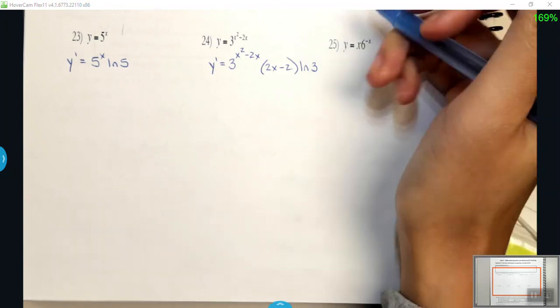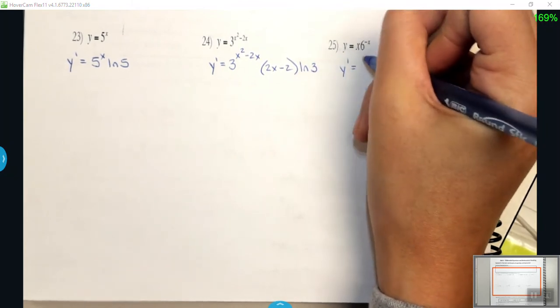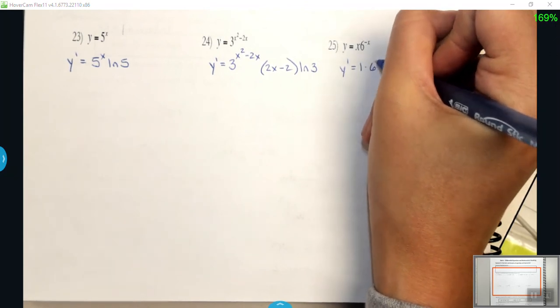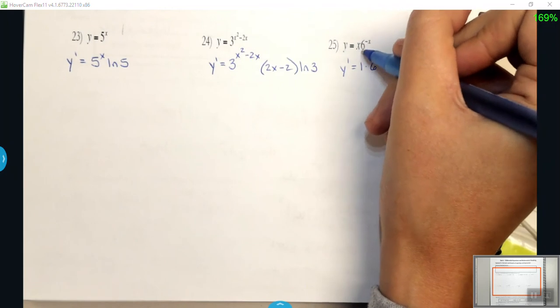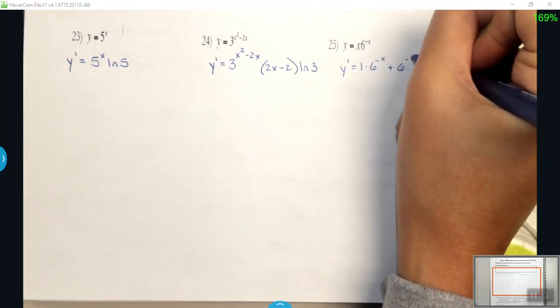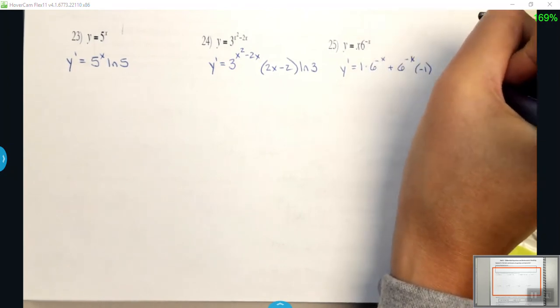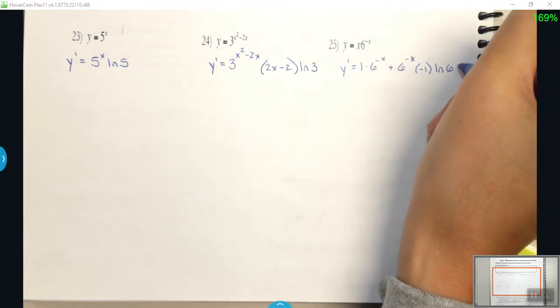Okay, and 25, we're going to have to do product rule. So 1 times 6 to the negative x plus, and then the derivative of 6 to the negative x is 6 to the negative x times negative 1 times natural log 6, and then times x.